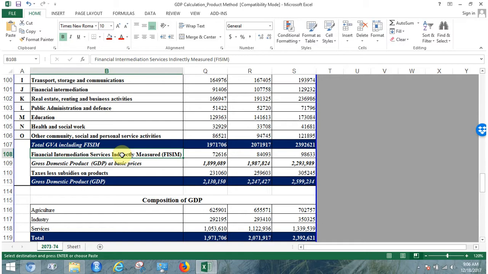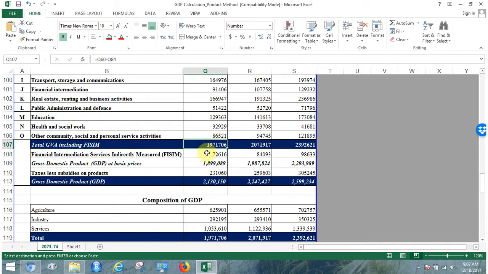This type of financial intermediation is taken as an intermediate consumption and should be subtracted from each of the 15 subsectors. But in case of Nepal, the financial intermediation services have not been calculated separately for the 15 subsectors. Rather, a sum total estimate of financial intermediation services is calculated and subtracted from the gross value added.